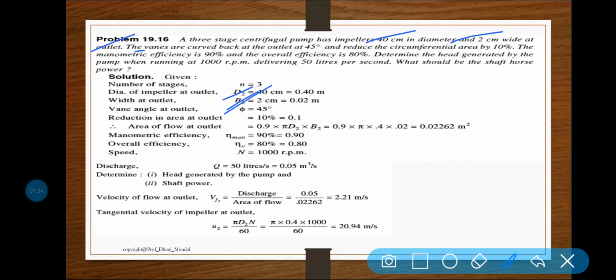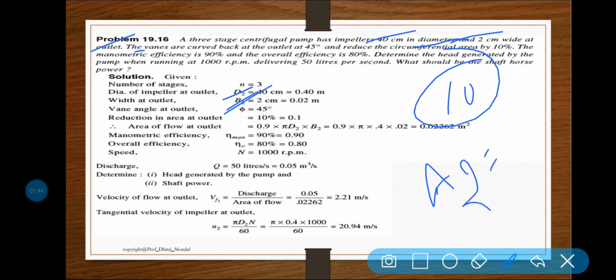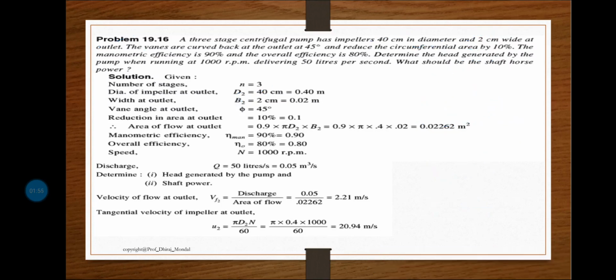And the circumferential area is reduced by 10%. So circumferential area 10% reduced means A2 will be 0.9 of A1, the area of flow at outlet is 0.9, that means 10% reduction.